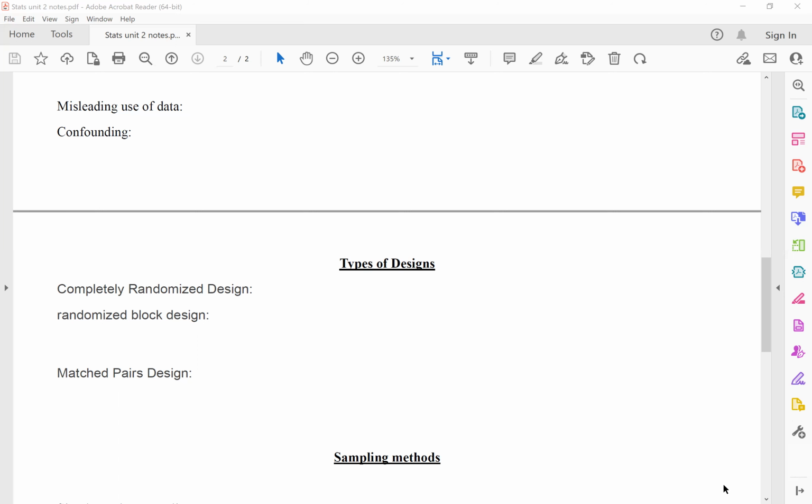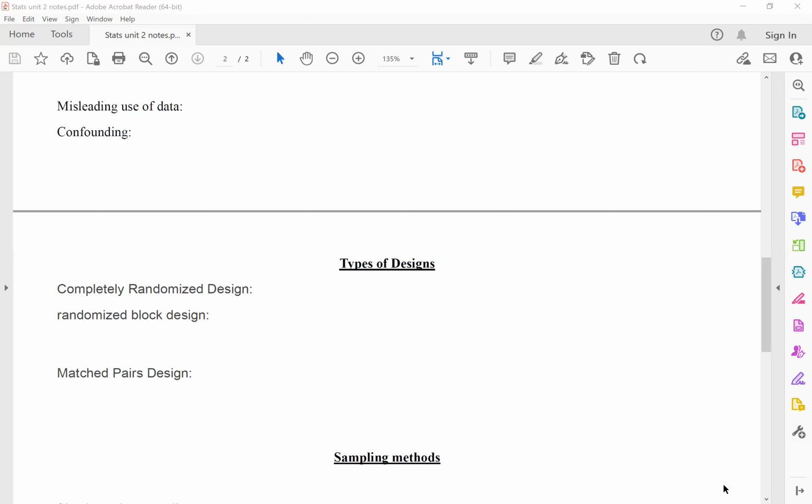Now, another randomized design that we have is randomized block design. This experiment divides participants into subgroups. We're going to call these blocks. So that's why we use the name block. Let's say I go to a high school and I'm going to separate these people. I can separate them into different groups like males and females. I already separated them into two groups.